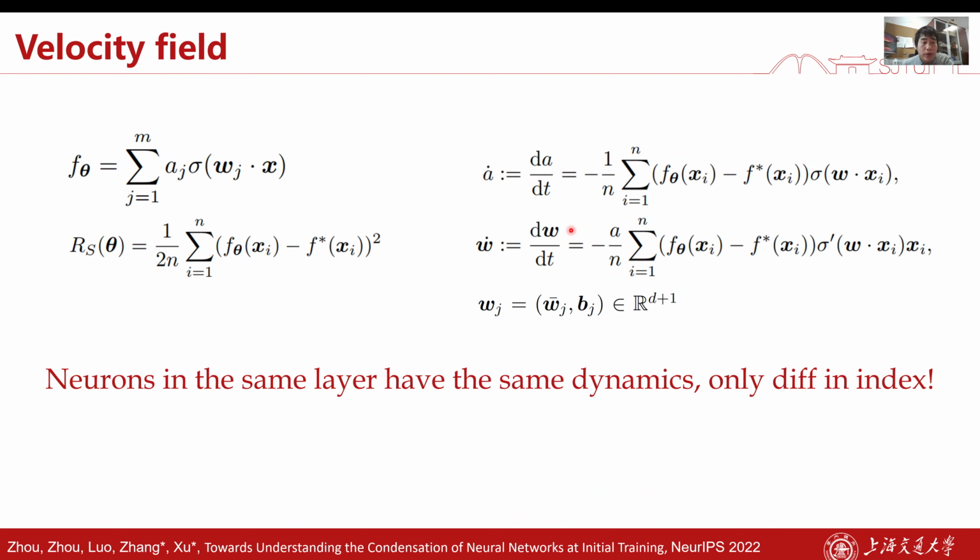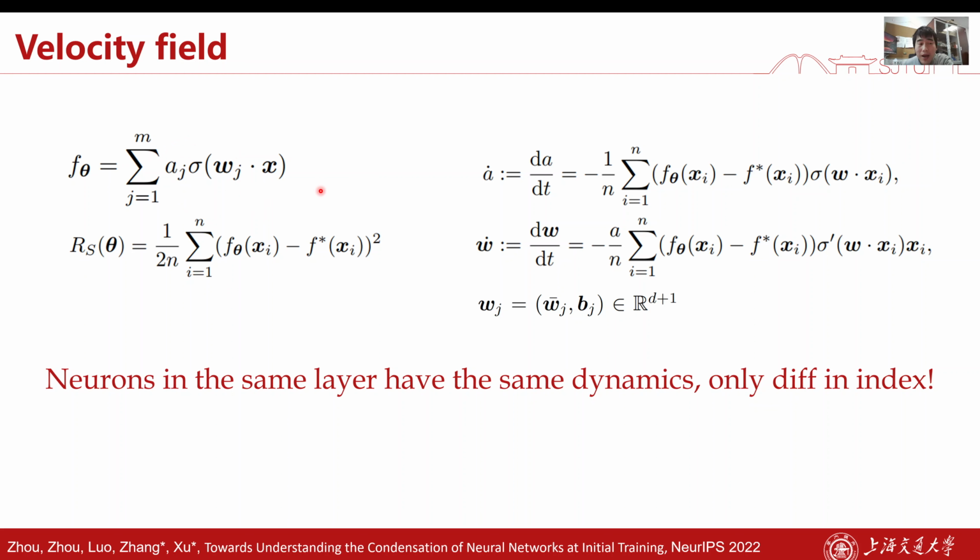And then we can write out the gradient flow for each parameter, A and W. The very interesting thing is we can look more carefully into this network structure. We know that the neurons are summed together to give this final output, and they have equivalent positions in this network structure.